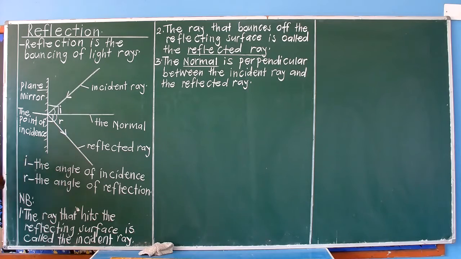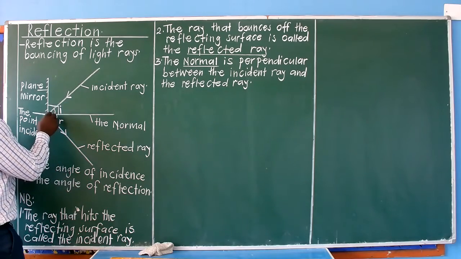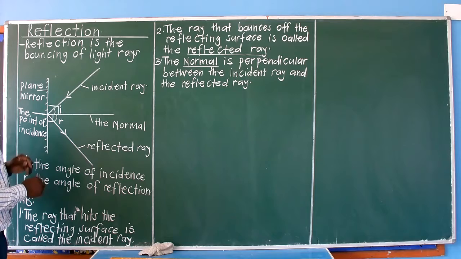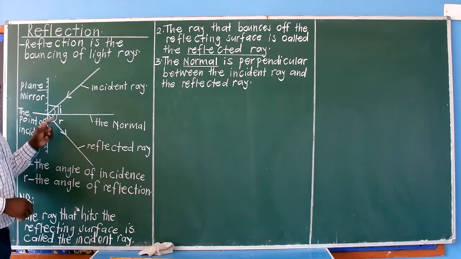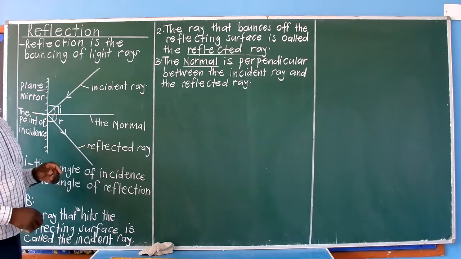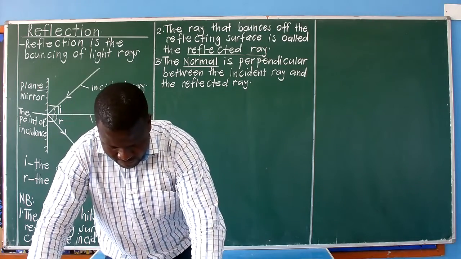That's why we are saying it is perpendicular. So you find that between the reflecting surface and the normal, there is an angle of 90 degrees.